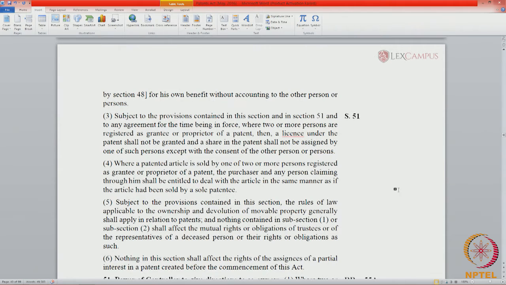Section 53: Subject to provisions contained in this section and in section 51, and to any agreement for the time being in force, where two or more persons are registered as grantee or proprietor of a patent, then a license under the patent shall not be granted, and a share in a patent shall not be assigned by one of such persons except with the consent of the other person or persons.